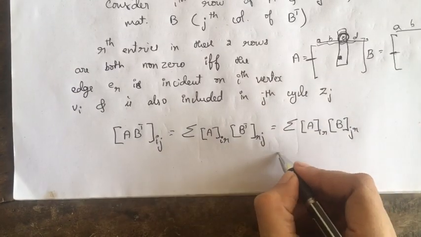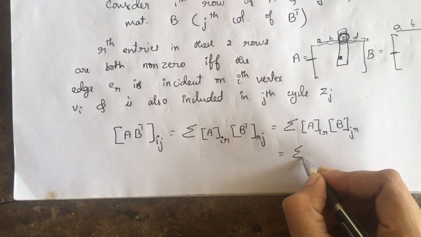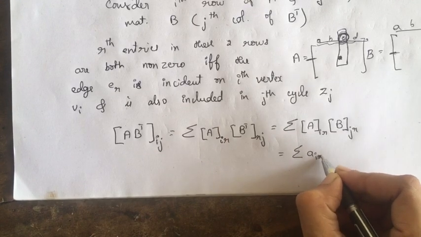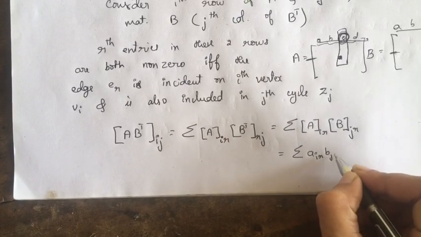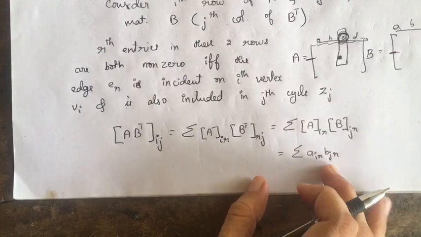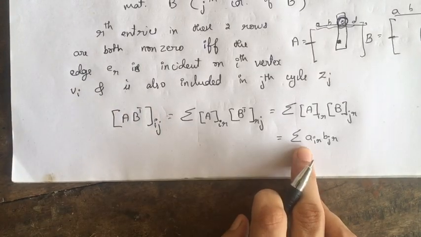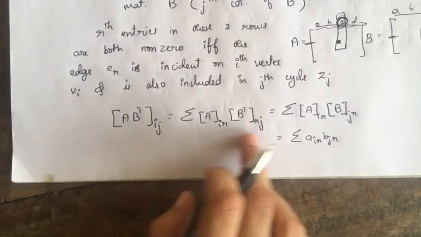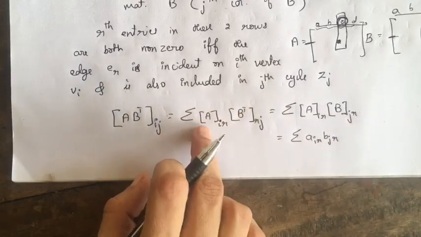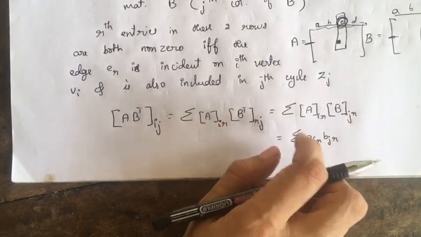So this will be nothing but the summation of AIR BJR. So the product AB transpose is nothing but the summation of these entries. I think we know this by using matrix multiplication, so I hope you know this.